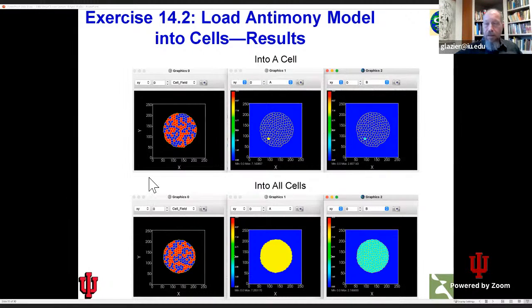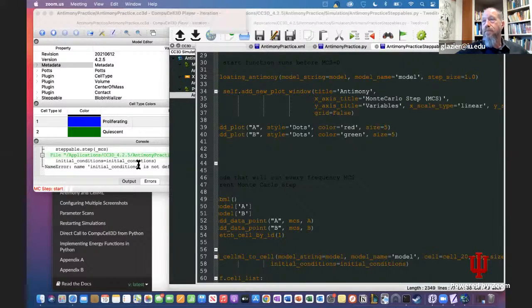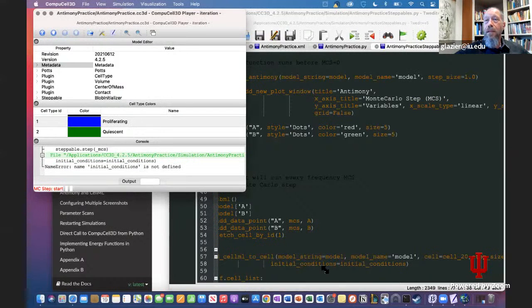It says when I run it that my initial conditions is not defined. Okay, let's take a look.